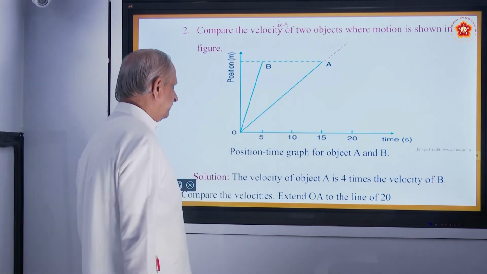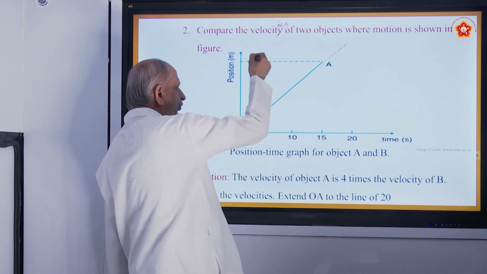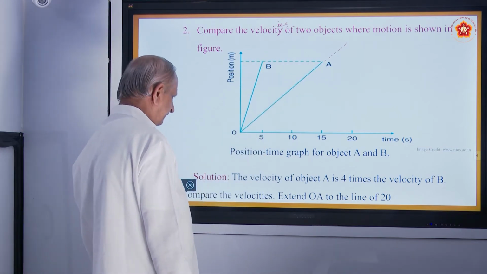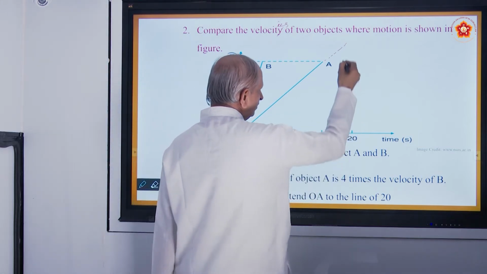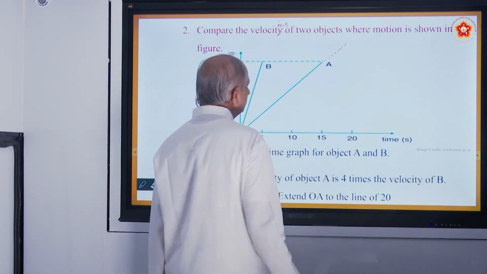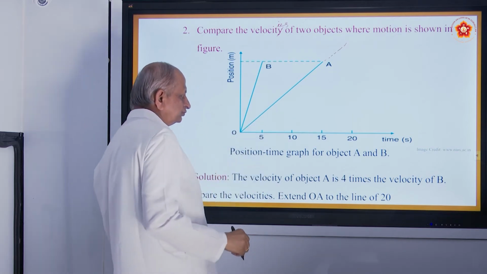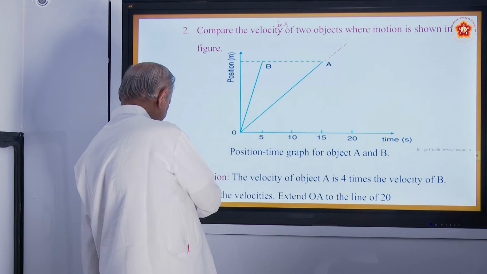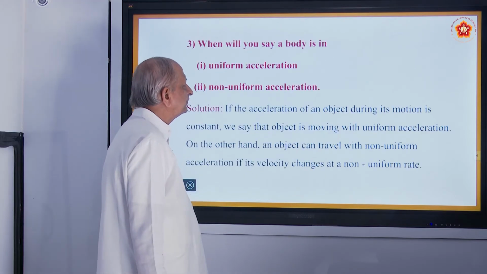We can make out that the motion of A is 4 times the motion of B, because actually it comes to a line of 20. So this is the line of 5. So we see that 20 is 4 times that of 5. That is how we can compare the two motions.